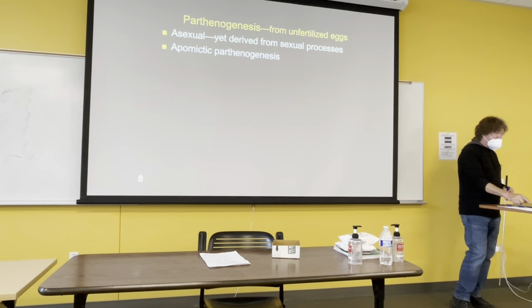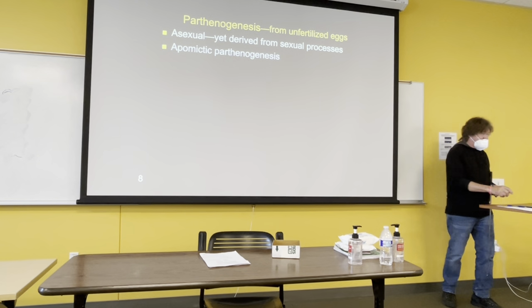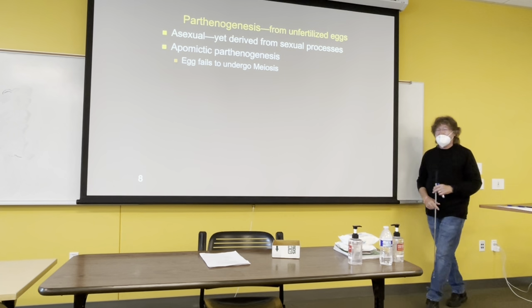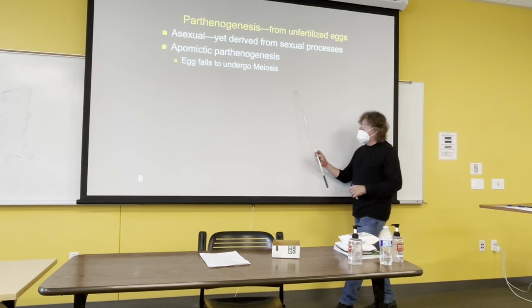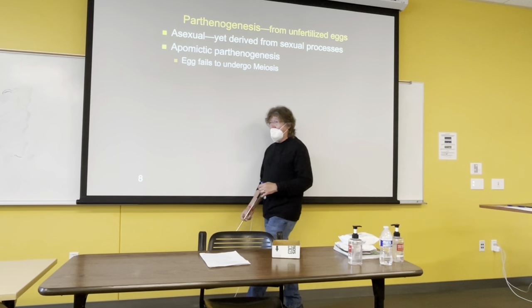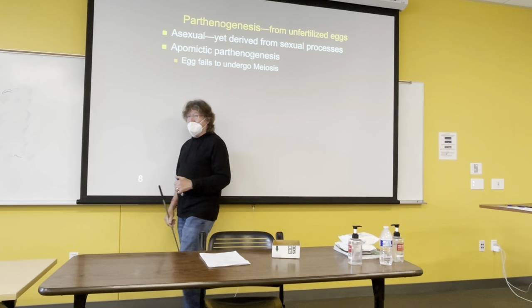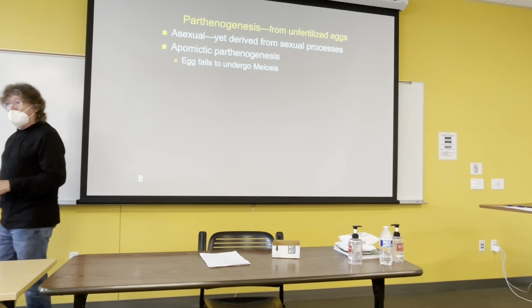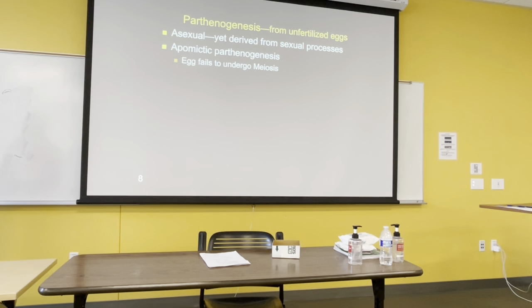And there are several different types. Something called apomictic parthenogenesis is where the germ cell fails to undergo meiosis, which results in an egg that is diploid. Suppressing meiosis, the germ cell goes through certain stages but still retains two sets of chromosomes.